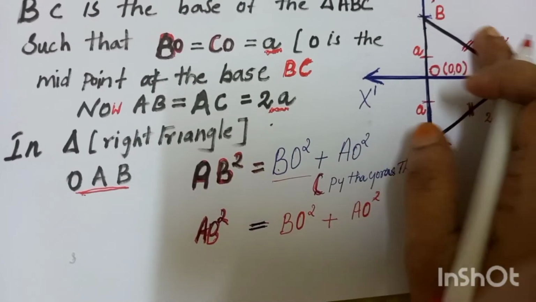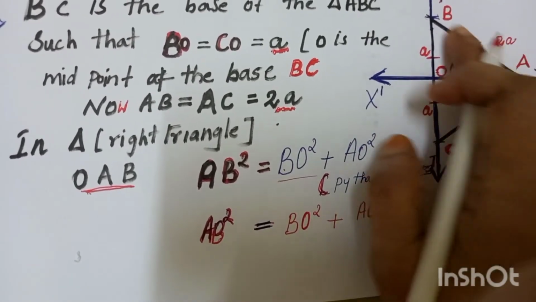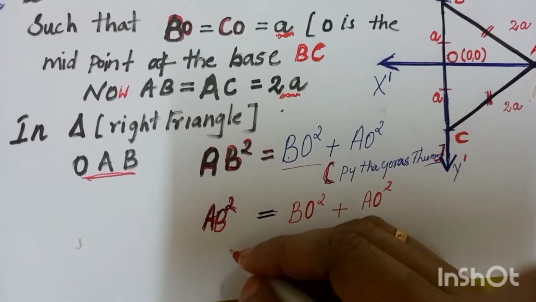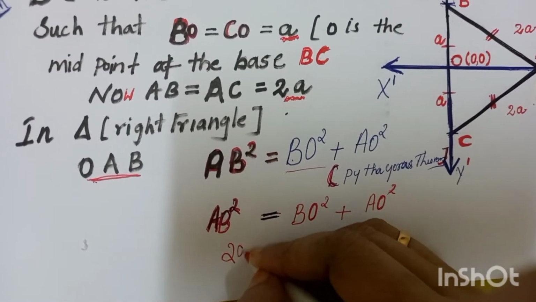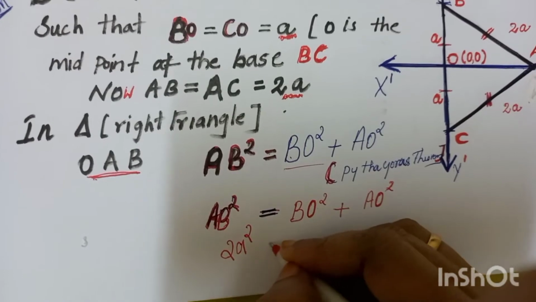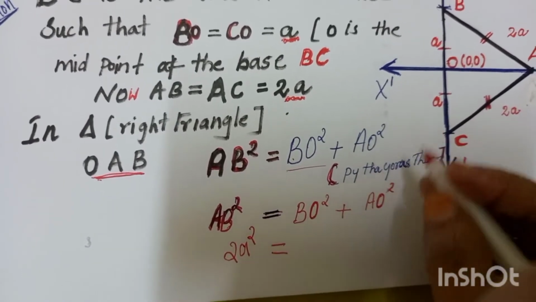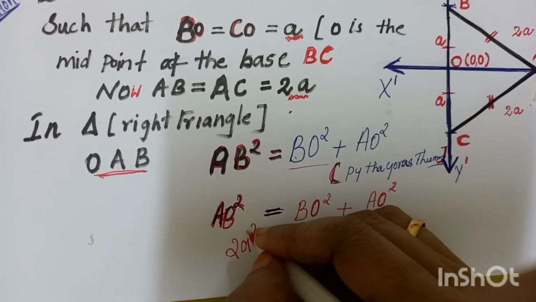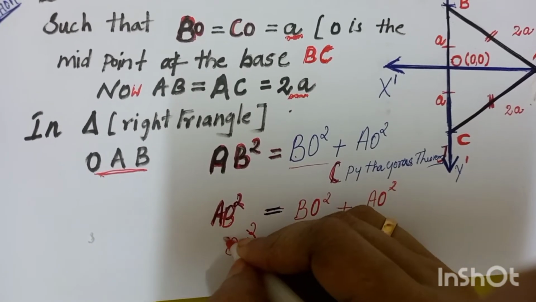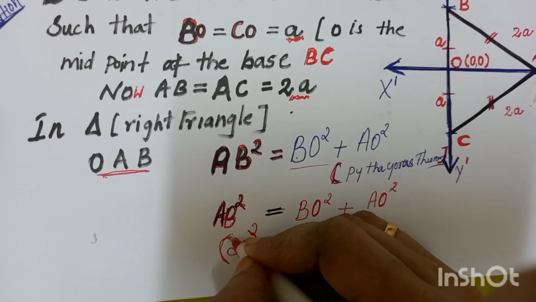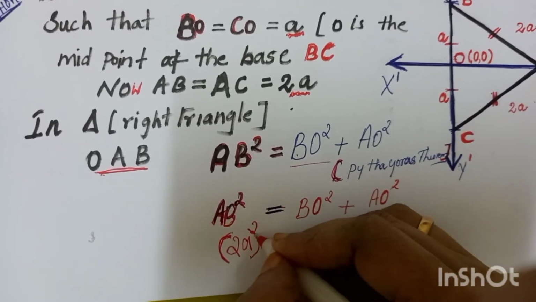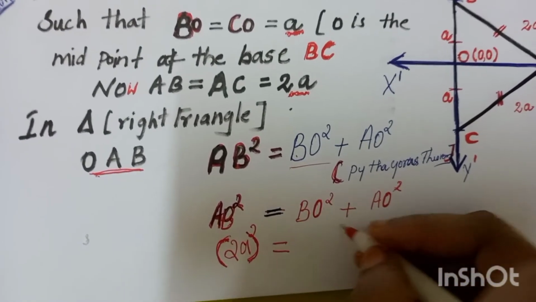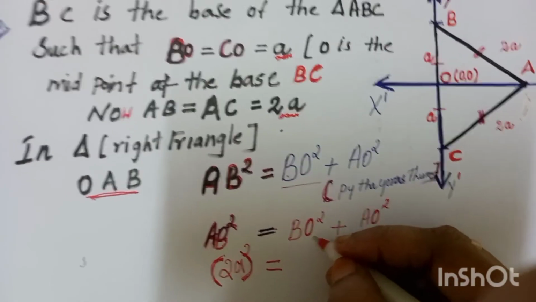Then we can write the values. AB is how much? 2a. So, 2a whole square is equal to BO square.